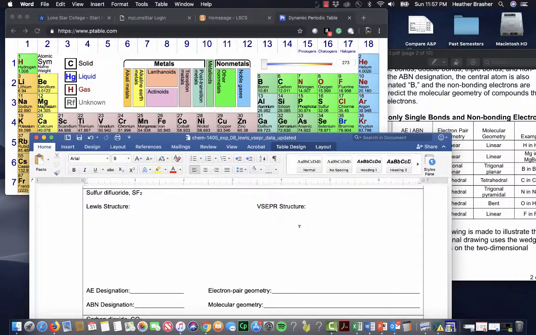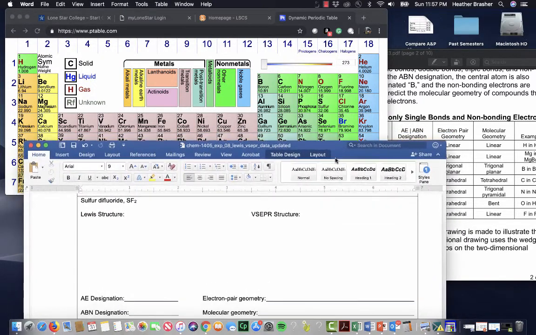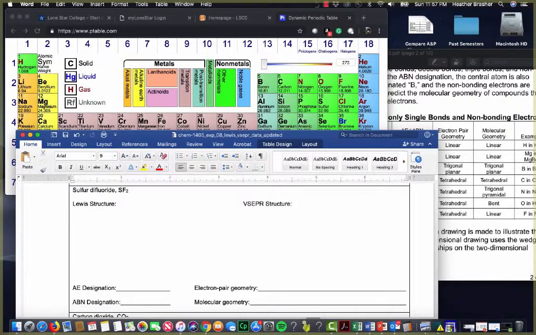Sulfur difluoride. So let me move him down a little bit. Move on. And let's do this. So we have sulfur here and fluorine here. So sulfur is going to be 7, or 6, sorry, because it's the 6A group.